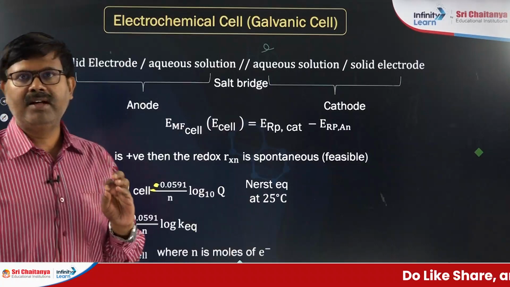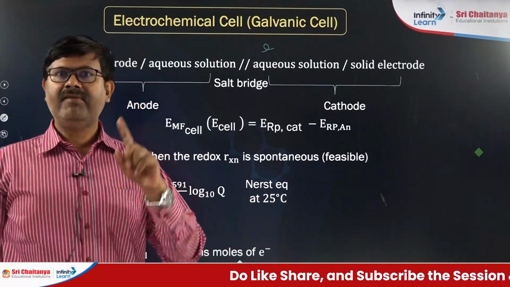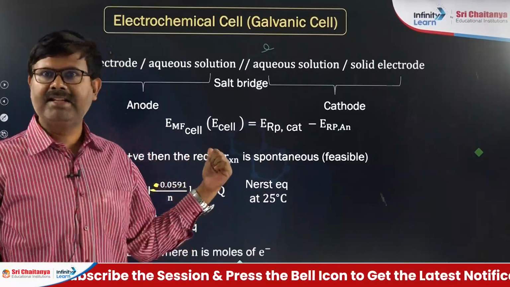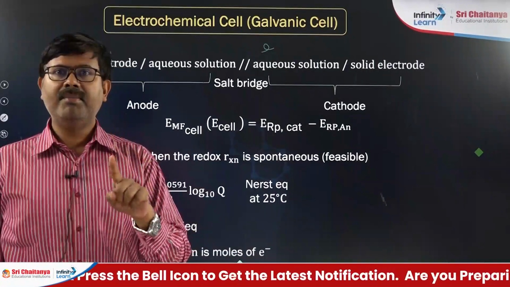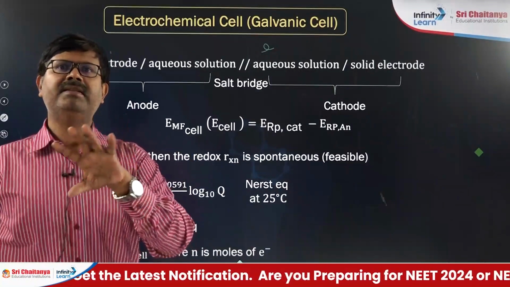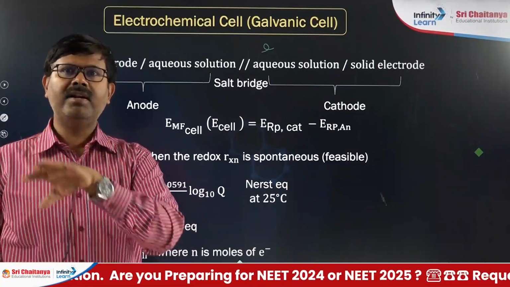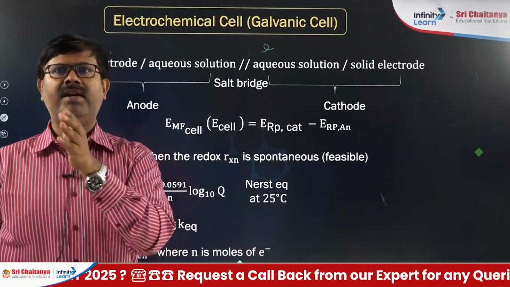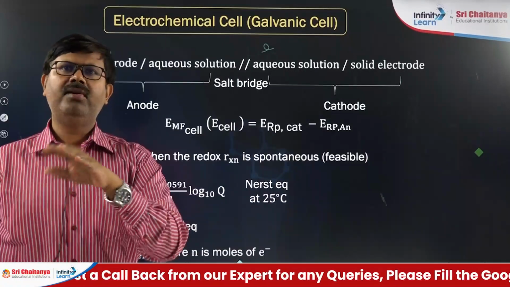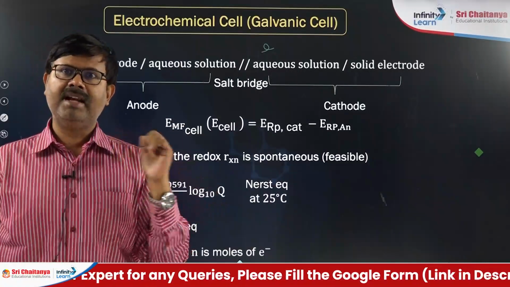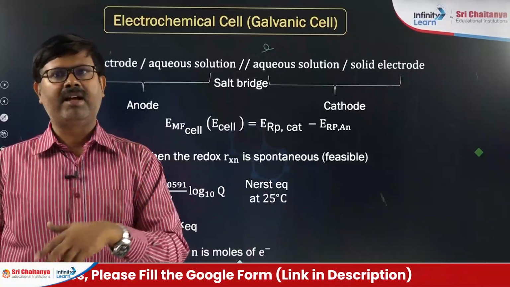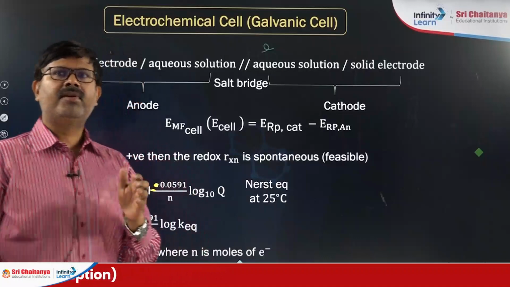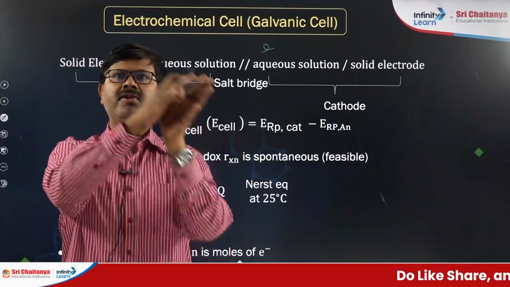One important point I need to mention here. In Faraday's laws also you will see n, that is the n factor. In the galvanic cell or Nernst equation also you see n. But remember, this is not the n factor. This is the total number of moles of electrons involved in a galvanic cell reaction, meaning total electrons involved at the cathode, or total electrons involved at the anode. At the cathode or anode, the number of moles of electrons involved will always be the same, because the same electrons transfer from the anode side towards the cathode side.